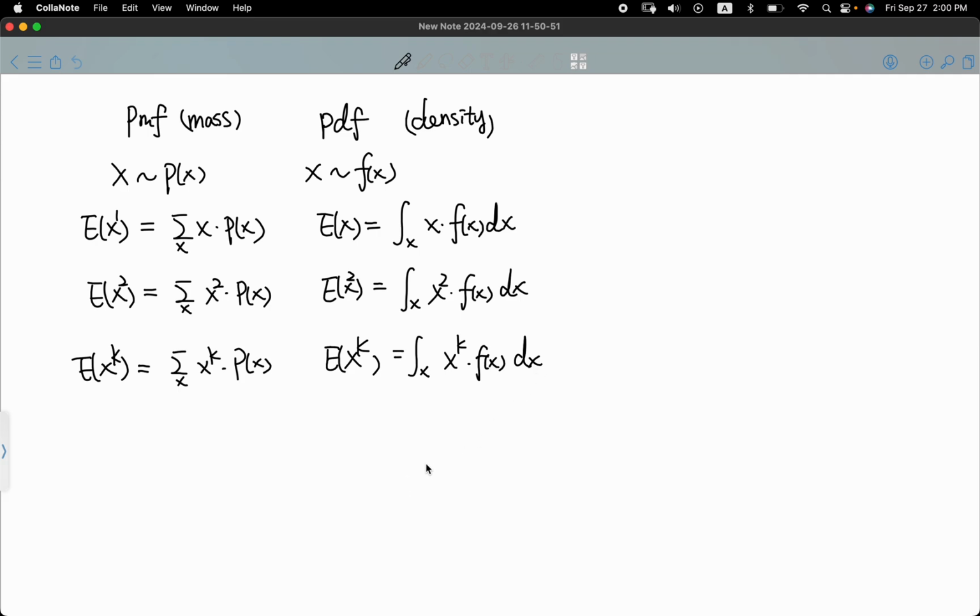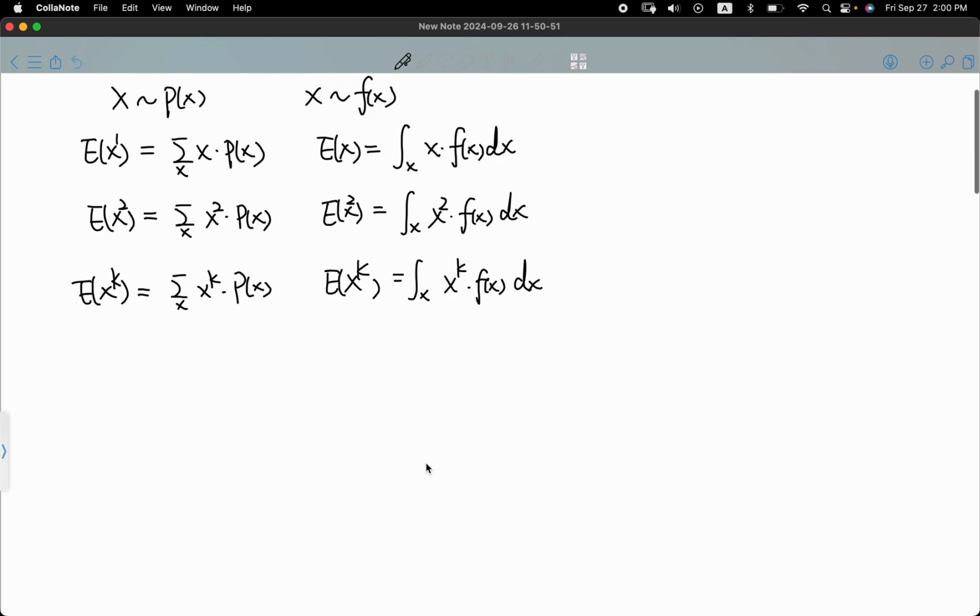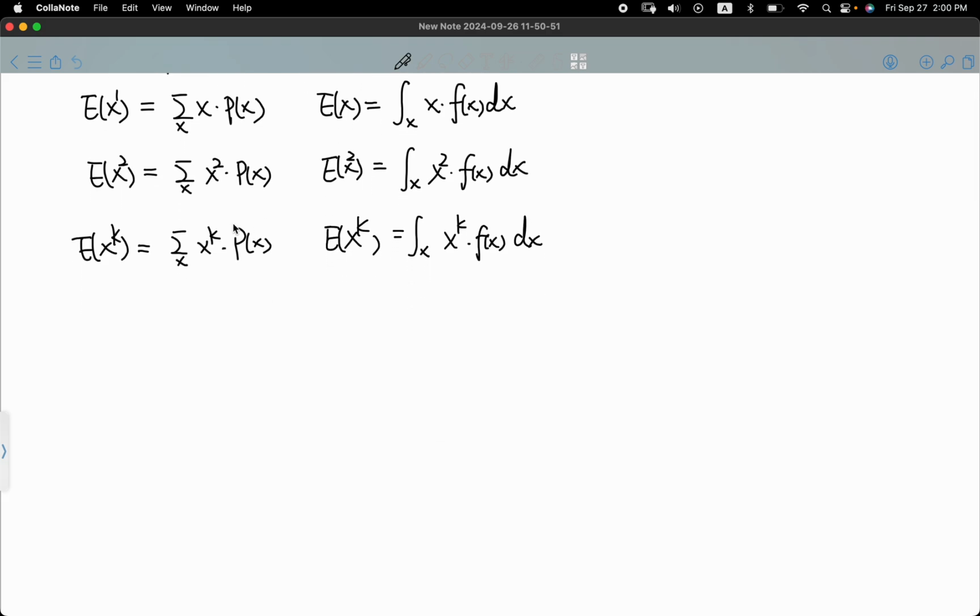After that, we can also mention a more generalized formulation, which is the expected value of a function of x. You have the summation over all possible x of the function g of x multiplied by the probability mass function.